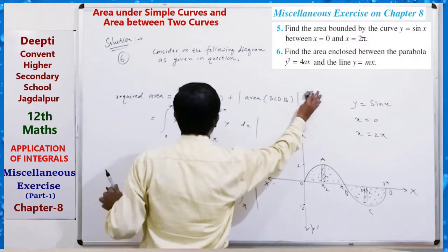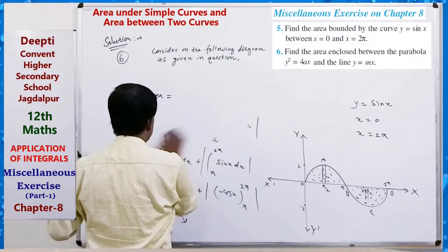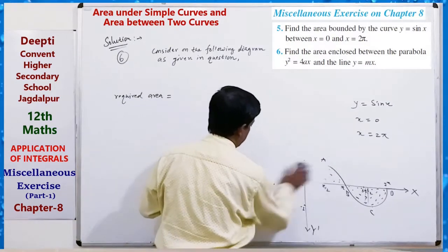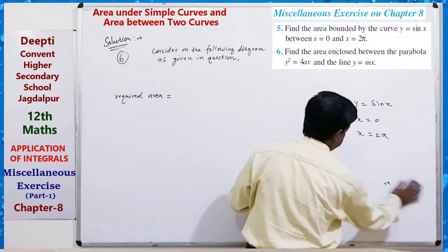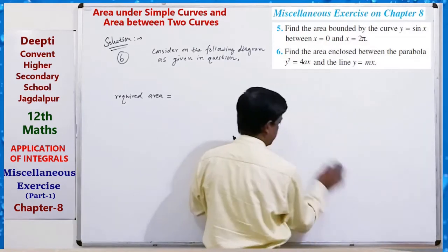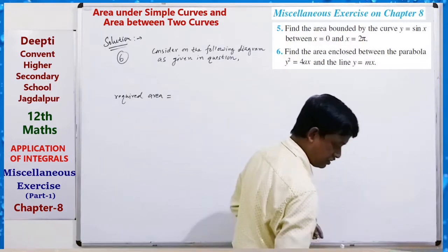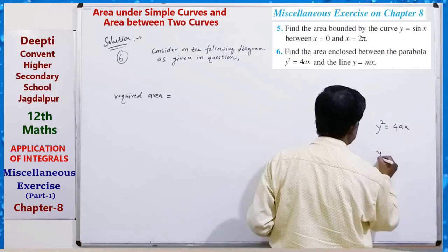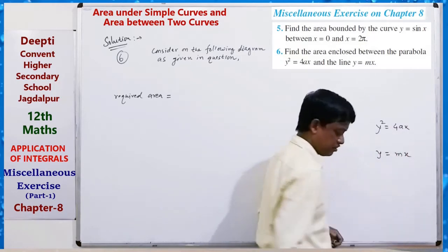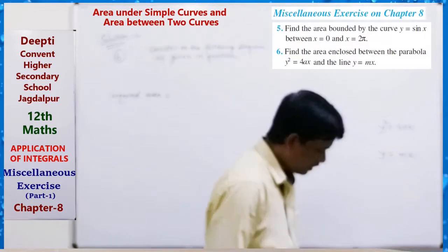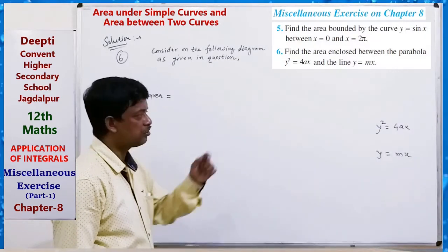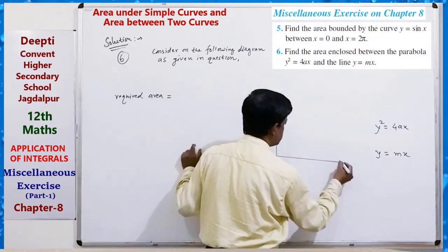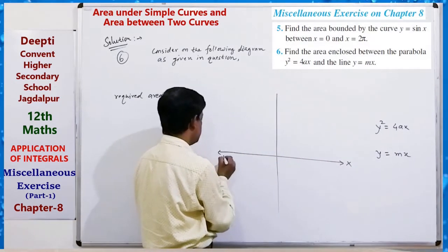So here the diagram will be in the form of what? y square equals 4ax and y equals mx. Clear? Area enclosed between this parabola and the line y equal to mx. So very simple, just a general diagram is there. X axis, okay, y axis.